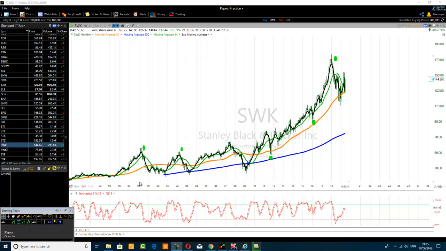Now what I've done on my chart here, you can see the black line that is mimicking the price, replicating the price, duplicating the price. Here is the exponential moving average 4.